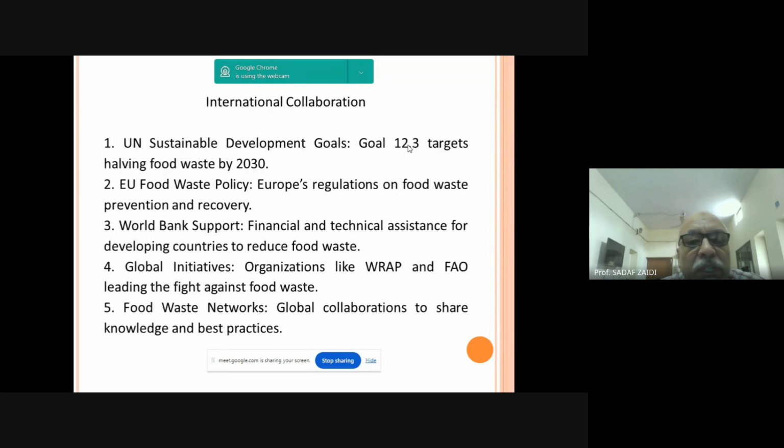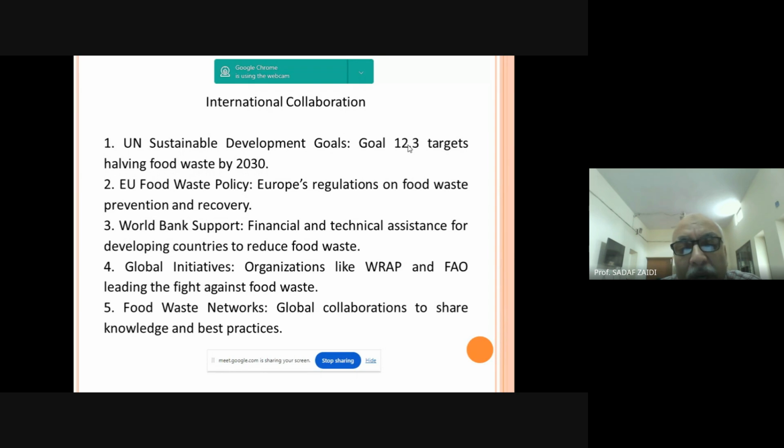And then there could be international collaboration, United Nations development goals could be there for halving the food waste by 2030. Then European Union food waste policy. You've got the European regulations on food waste for prevention and recovery. World Bank support.